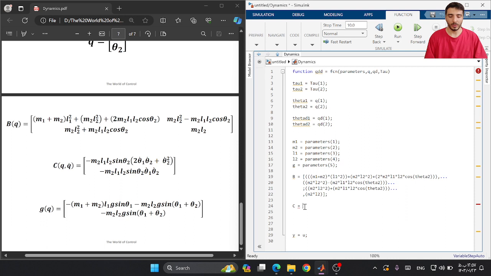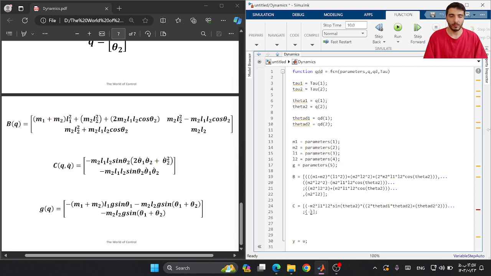C is equal to a vector. The first entry is minus M2 L1 L2 sine of theta 2 multiplied by two terms: 2 times theta dot 1 times theta dot 2 plus theta dot 2 squared.